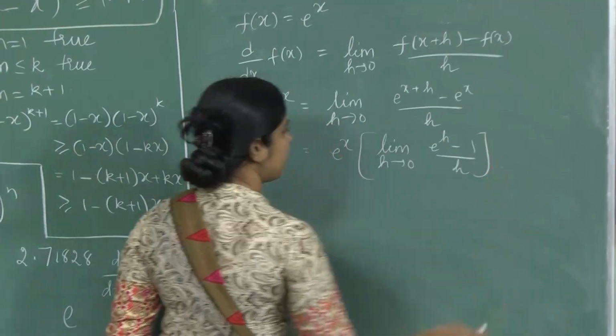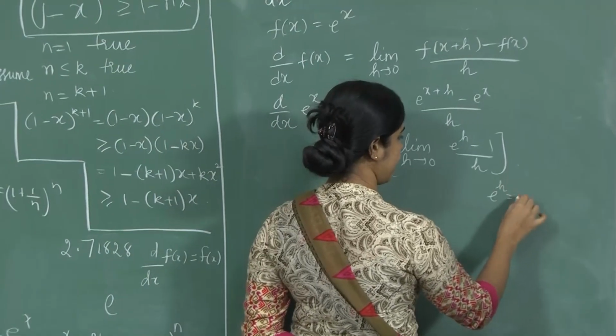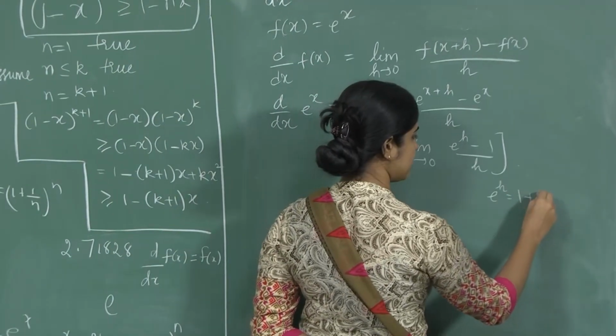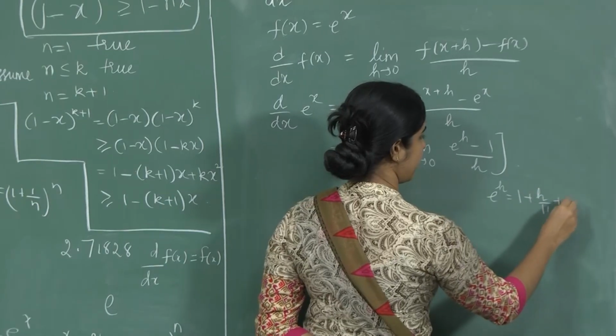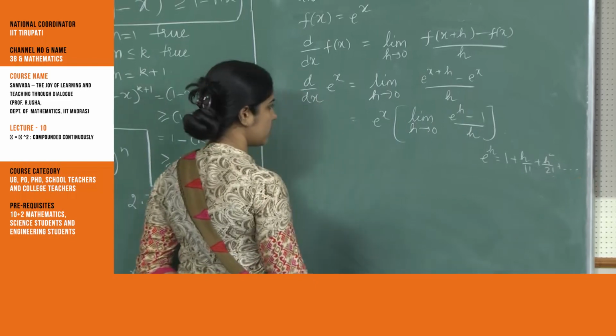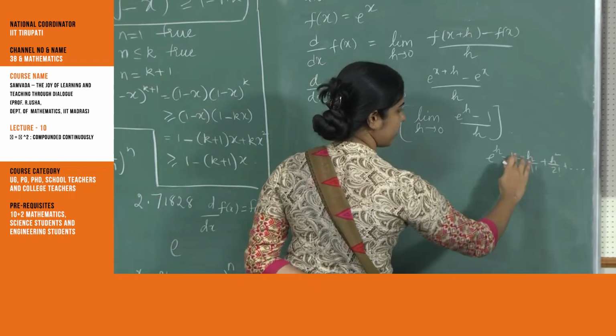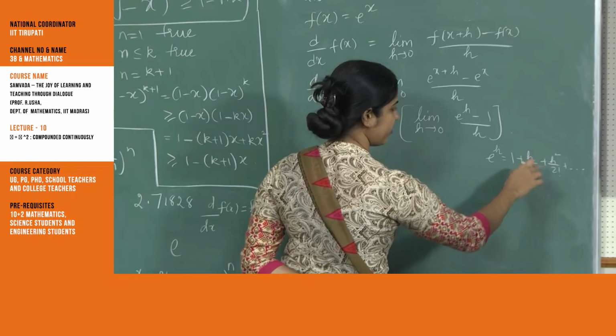We know the series expansion of e power h. This is nothing but 1 plus h by 1 factorial plus h squared by 2 factorial plus etc. So e power h minus 1 will be this term, divided by h we will have 1 by 1 factorial.